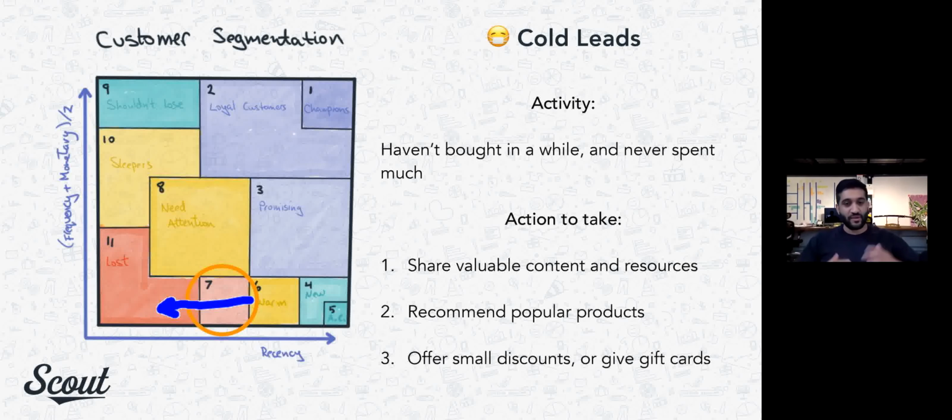Not something where you're trying to sell them, but something to keep them engaged, give them something to nibble on, something to remind them about your brand, right? Something useful. You could also recommend other popular products. Maybe they haven't bought because they don't like anything in your store anymore. They've already bought what they liked. So maybe recommend popular products, or ask for feedback. You could do that as well.